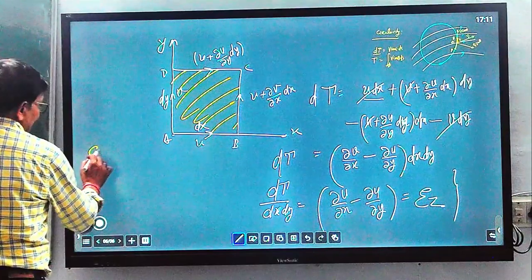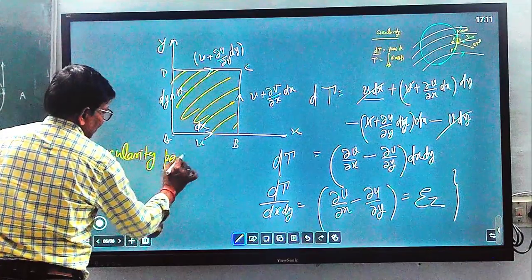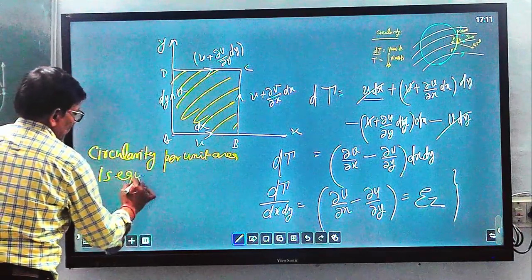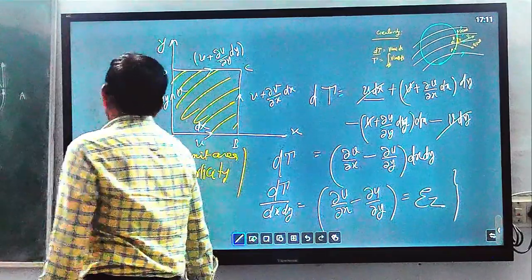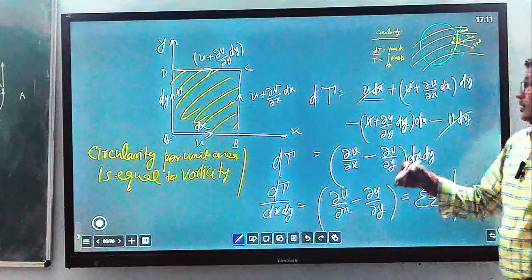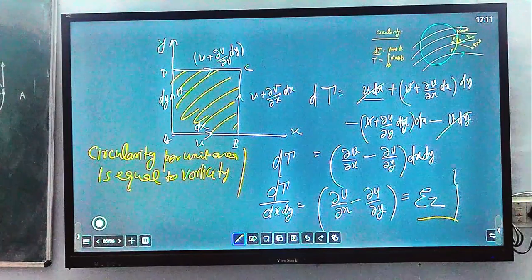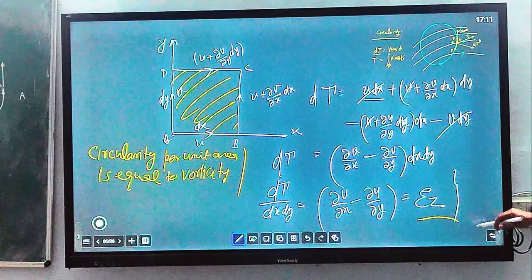Circulation per unit area is equal to vorticity. As a simple conclusion, you can say circulation per unit area is equivalent to vorticity. This is the relation between circulation and vorticity or rotation.